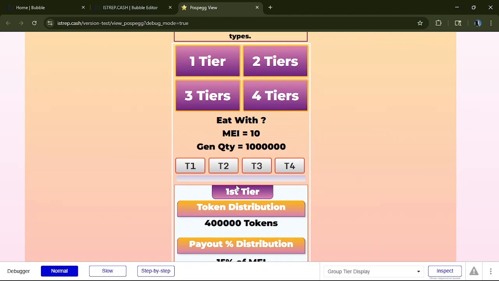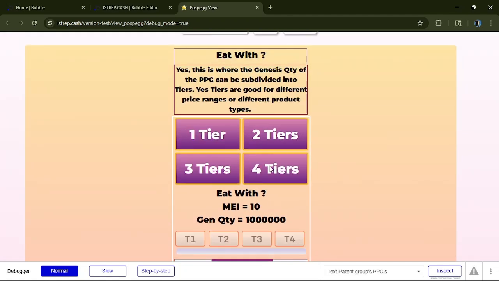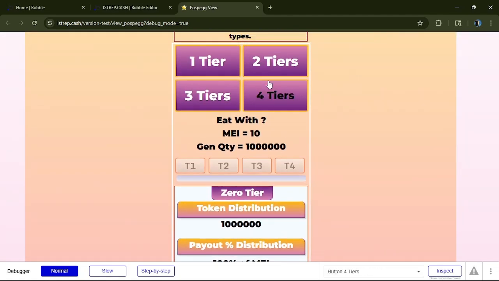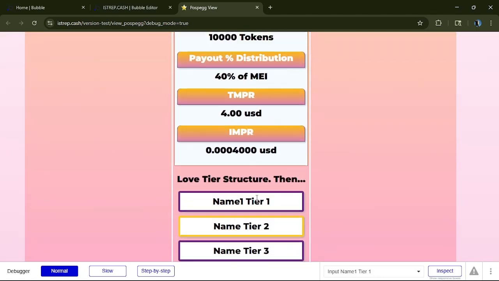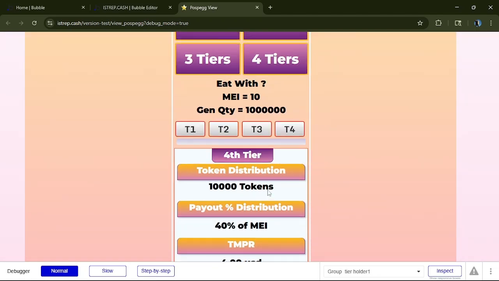Once we have decided if we like the one-tier, two-tier, three-tier, or four-tier structure, we come down and we name it.